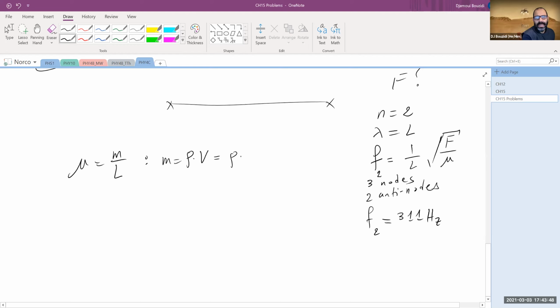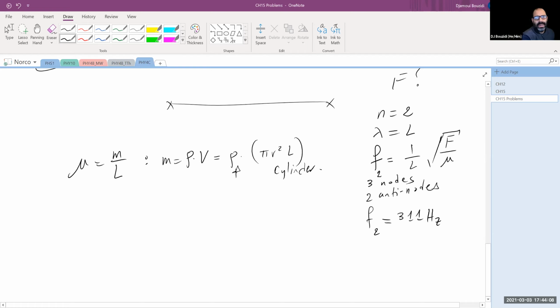The volume in this case is the area, pi r squared, times the length of the string. Because this is a cylinder, the base is pi r squared and the length is L. They tell us specifically that it is a cylinder, which is one of the things they tell us in the problem.